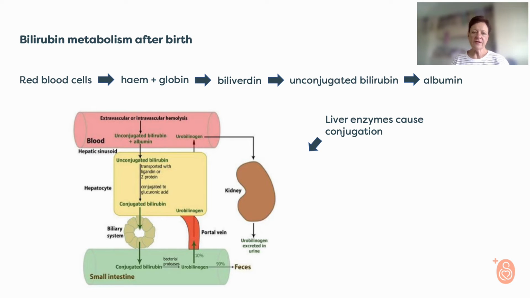So in the liver, we get liver enzymes that help to cause this unconjugated bilirubin to become conjugated bilirubin.